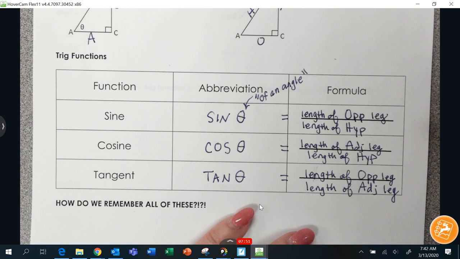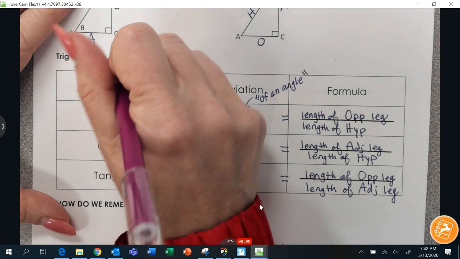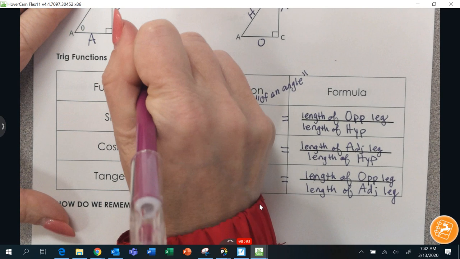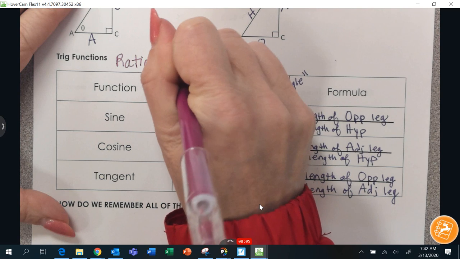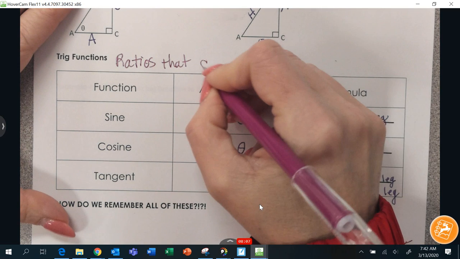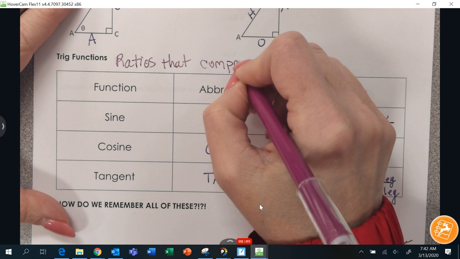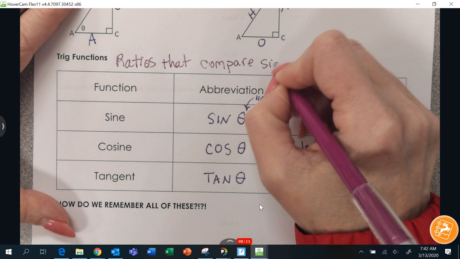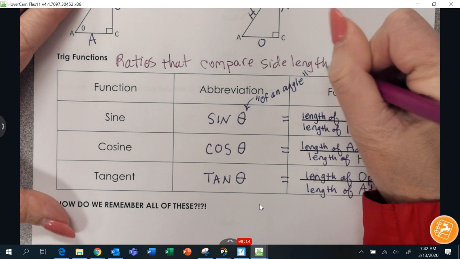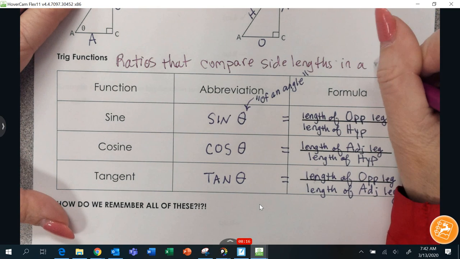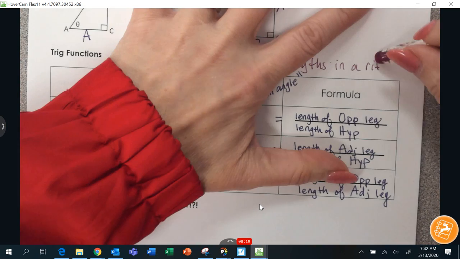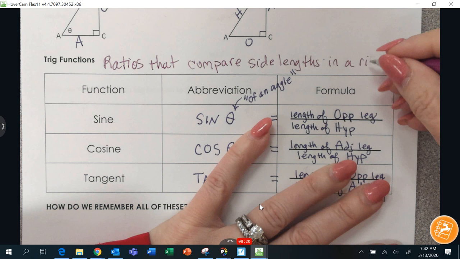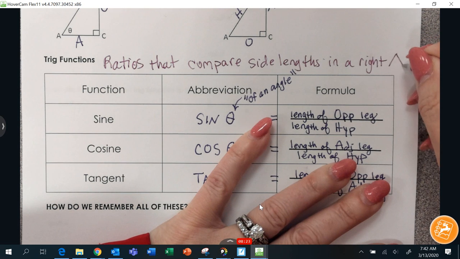So what trigonometric functions are is they are just ratios that compare side lengths in a right triangle.